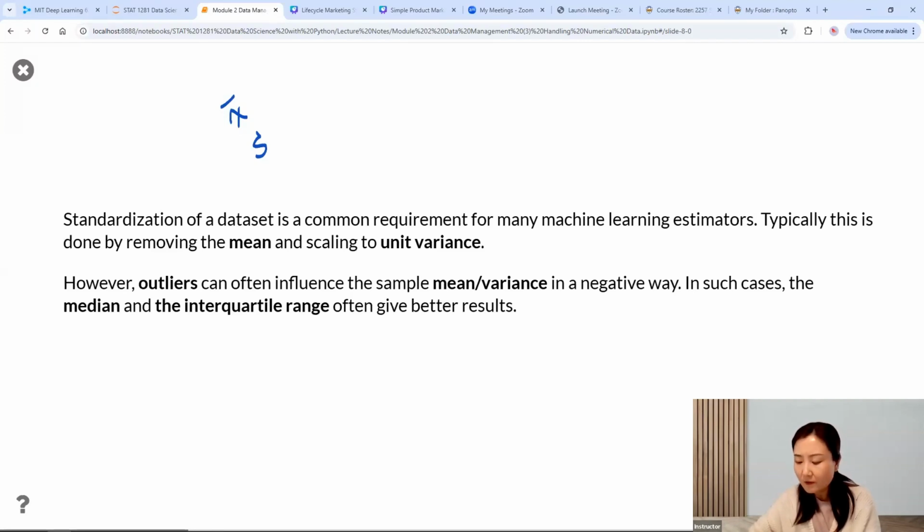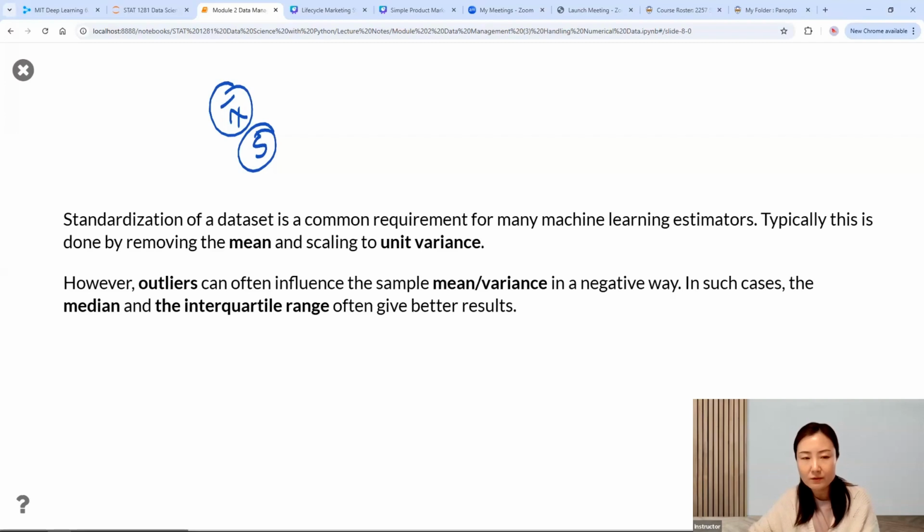However, if your data is very skewed, then the mean is highly influenced by extreme values, outliers, and so is the standard deviation, because both of them use all of the values in each column.